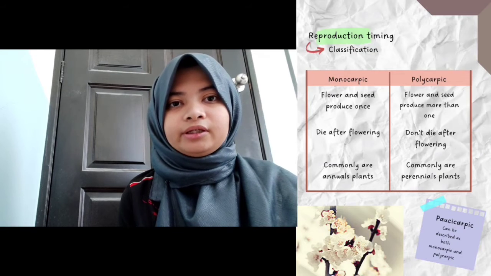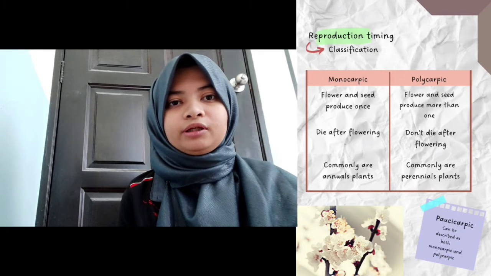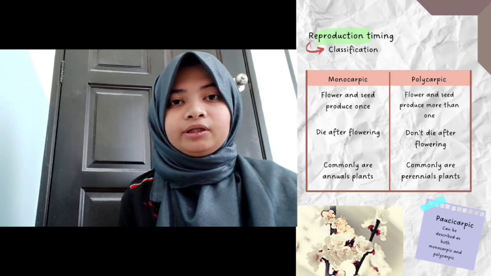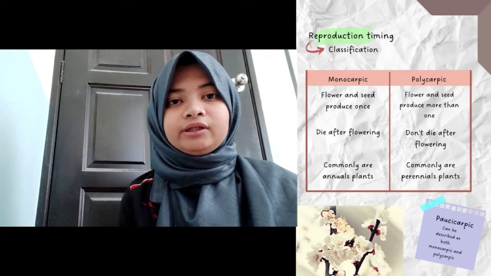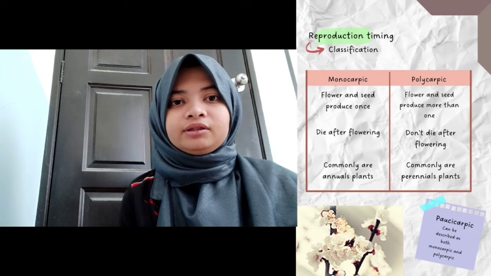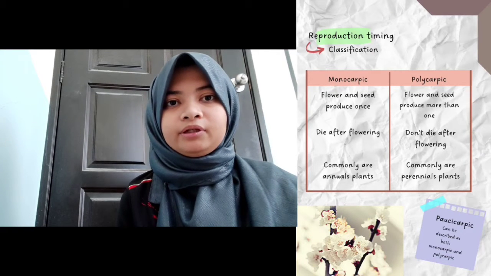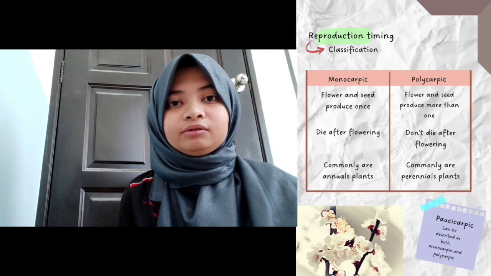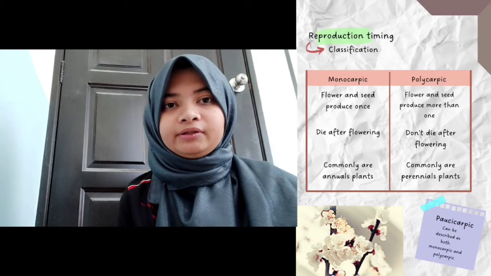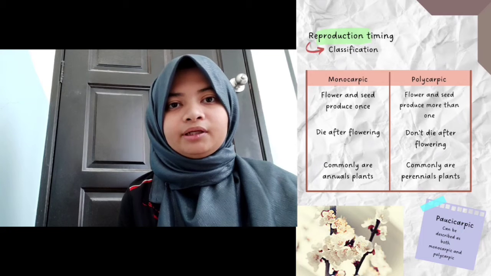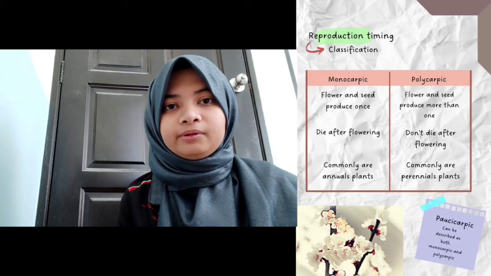The next point is that after flowering, the monocarpic will die, but polycarpic plants do not die after flowering at a time. This is because generally the examples of monocarpic and polycarpic plants are annuals and perennials respectively. What about paucicarpic? Paucicarpic can be identified by both monocarpic and polycarpic.